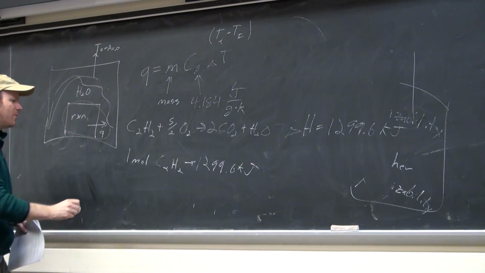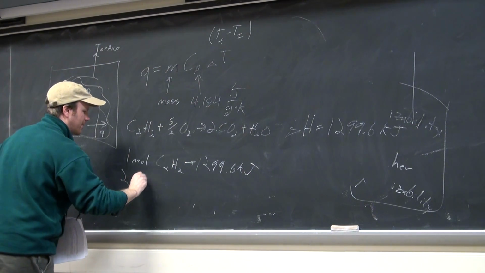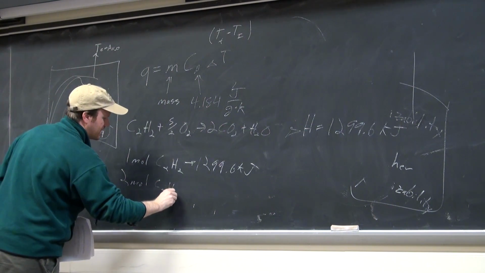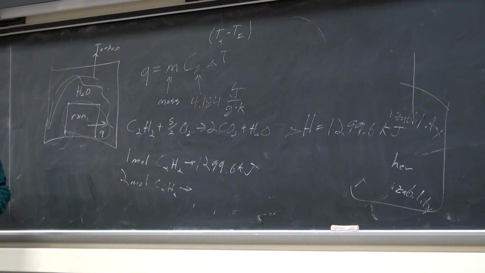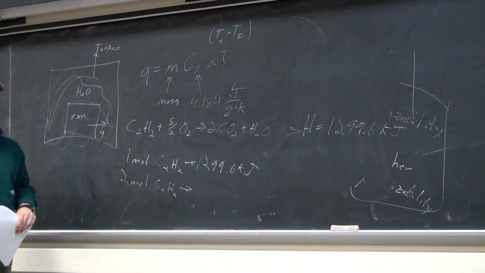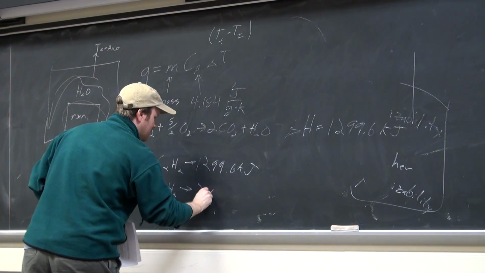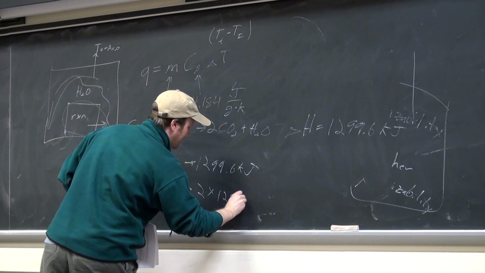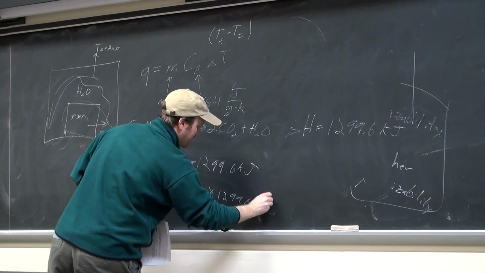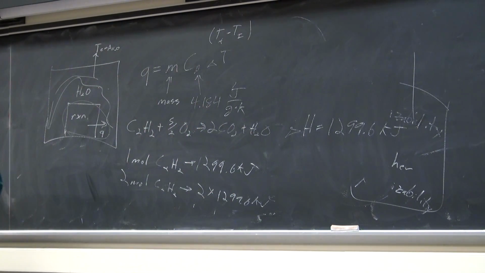If I've got 2 moles of C2H2, what do I get? Twice that. 2 times 1299.6 kilojoules. Okay?